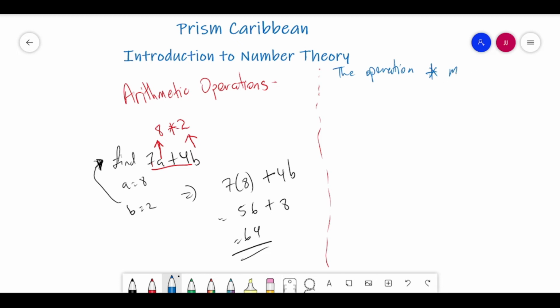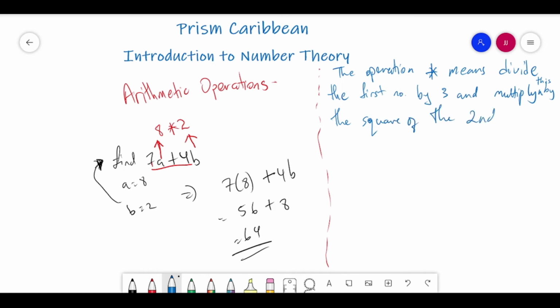The operation asterisk means divide the first number by 3 and multiply this by the square of the second number. Let me make this a bit more difficult.